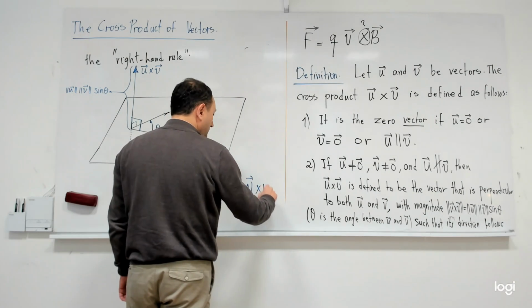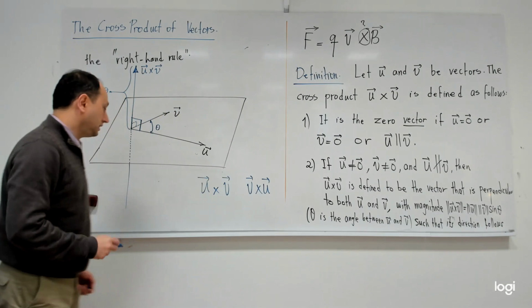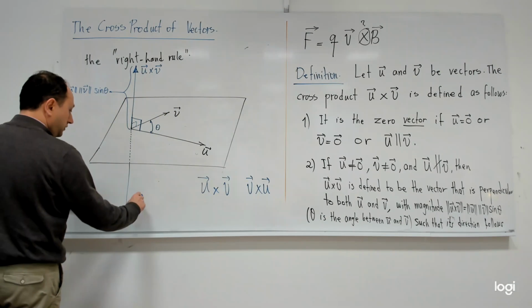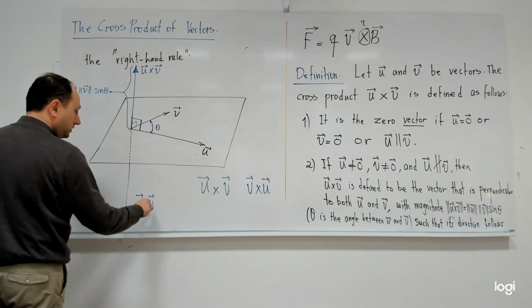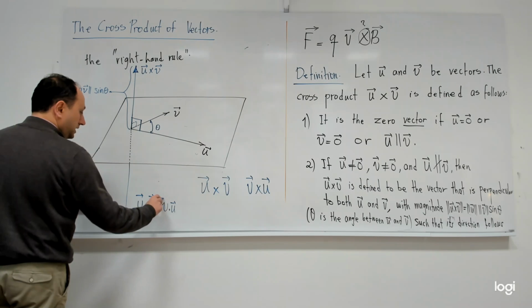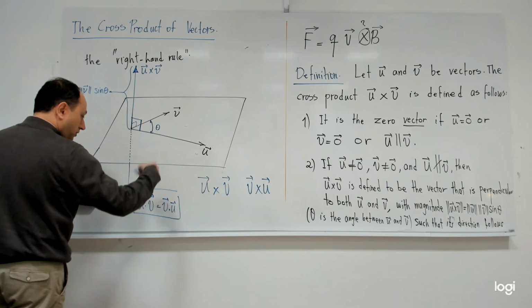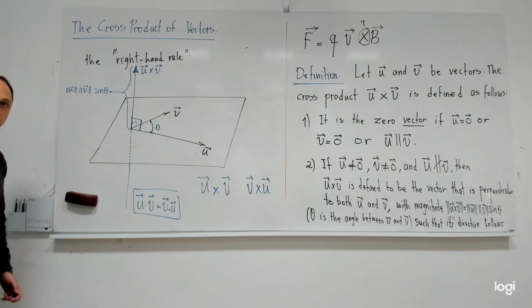For the other operation that we had so far, it didn't matter, yes? U dot v is the same number as v dot u. So we learned that the dot product is commutative. Is the cross product commutative here? Yes or no, and why?